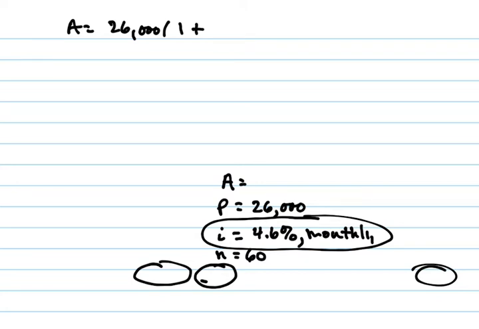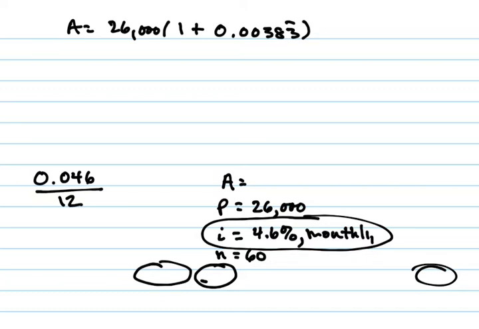So we need to turn it into a decimal, 0.046, and then we need to divide that by 12. Okay? So that's going to give us a new I of 0.00383 repeating. Now again, you're going to do that in your calculator once you get everything set up.